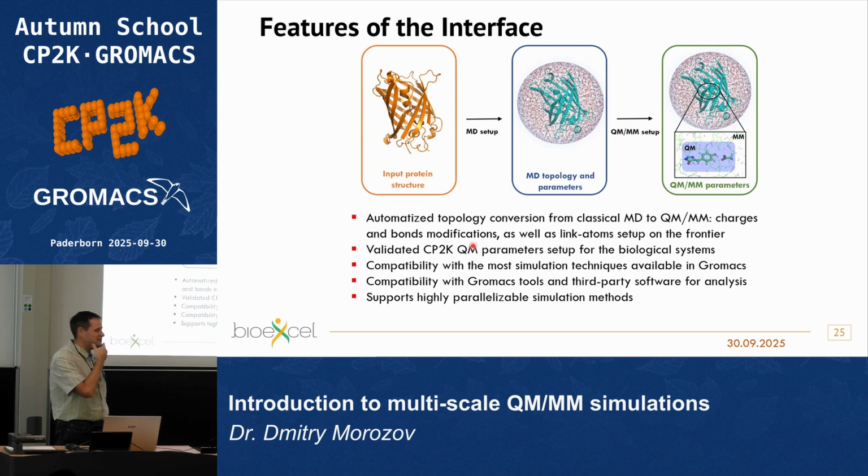So by default, your parameters will be more robust than you probably need. And of course, it's compatible with GROMACS simulation techniques, and it's compatible with third-party analysis software, which can take GROMACS trajectories as the input.